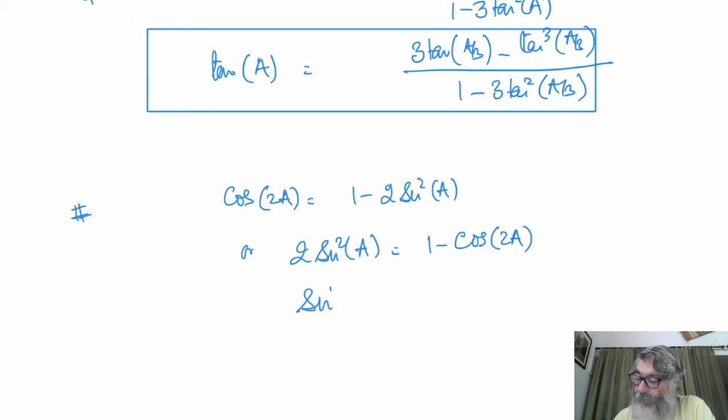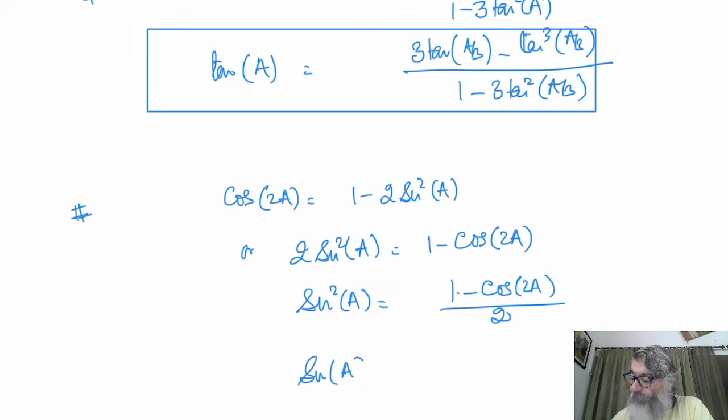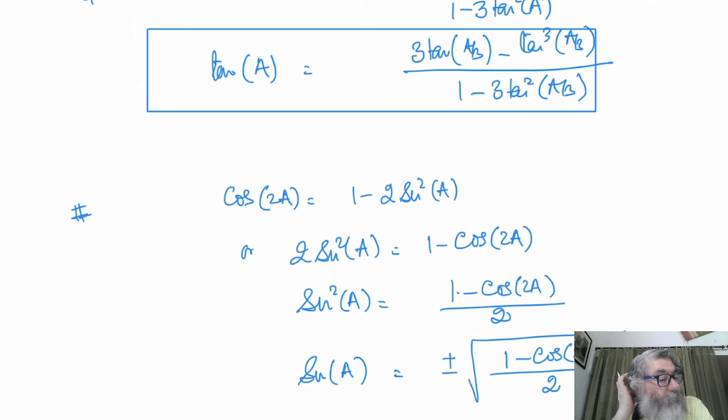Sine square A will become 1 minus cos 2A upon 2, or sine A will become plus minus under root 1 minus cos 2A upon 2. It has become the formula for sin A in terms of double angle.